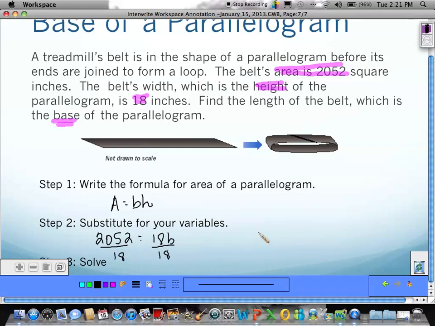And that is going to give me b equals 114 inches. Do not forget your units. It's very important that you refer back to the word problem in order to figure out what you're looking for.